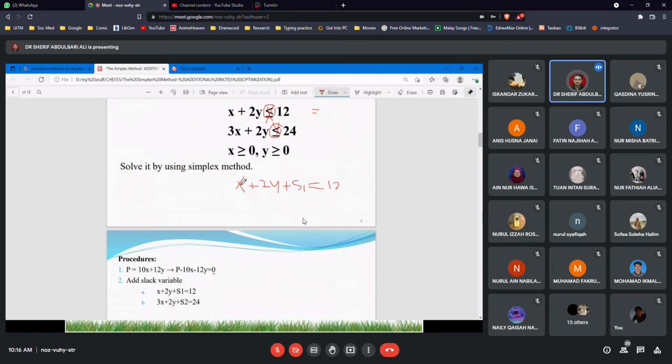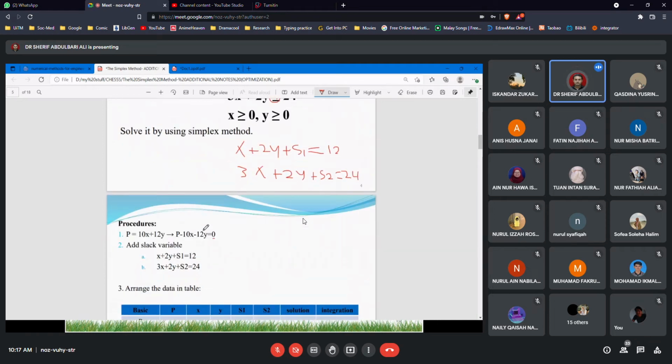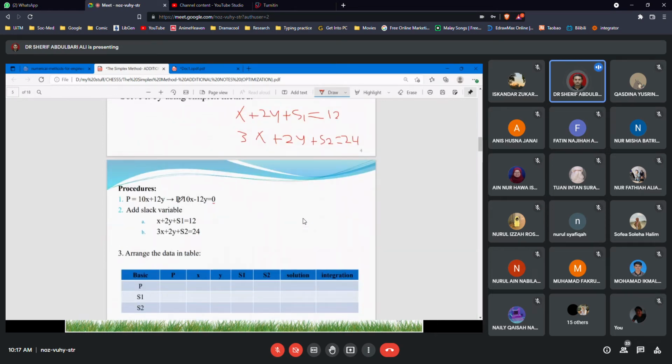The second constraint will be 3x plus 2y plus s2 equals 24. So this is your first step of the solution, converted into the standard form.